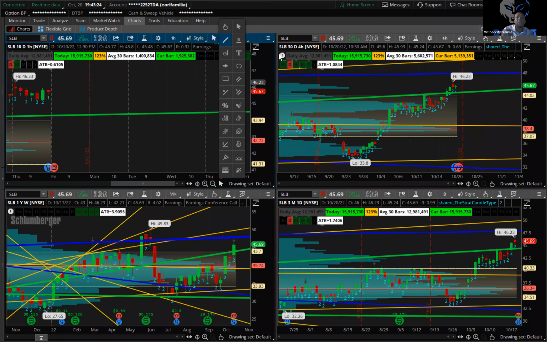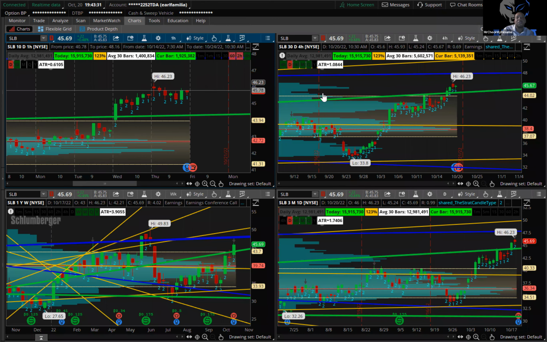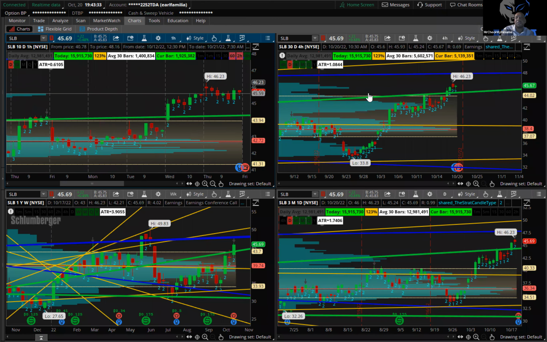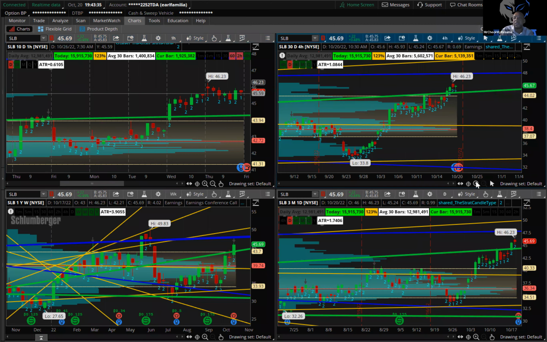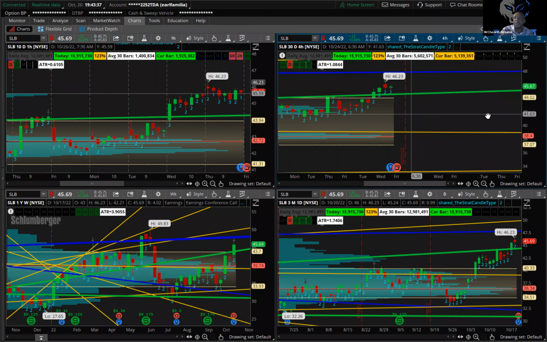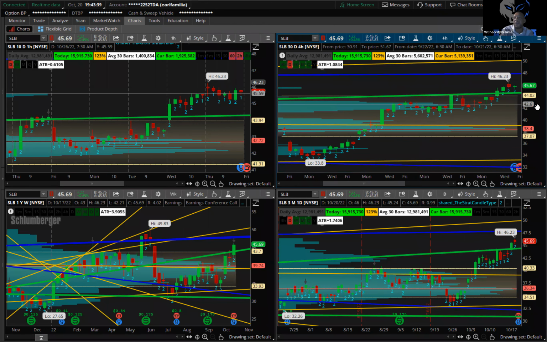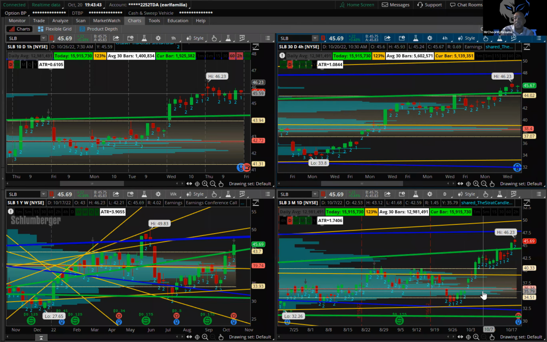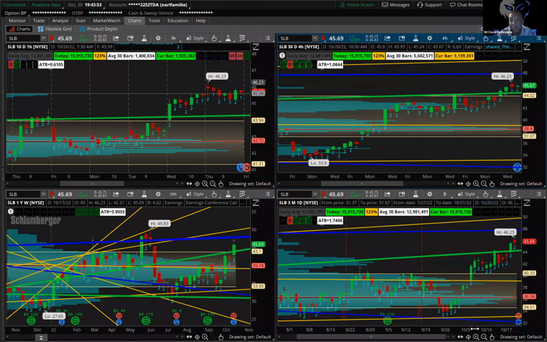One of my boy Sins' favorite tickers. This thing's just showing strength. If that ain't strength, I don't know what is. Just strong for no reason.